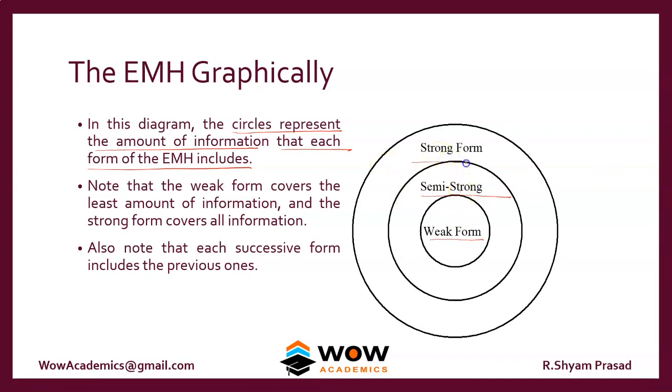The strong form contains the semi-strong as well as the weak form. So the successive circles contain the inner circle's information also. Note that the weak form covers the least amount of information and the strong form covers all the information. Also note that each successive form includes the previous one.